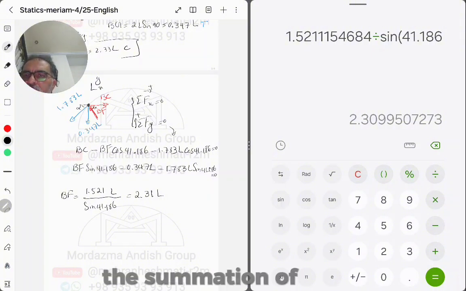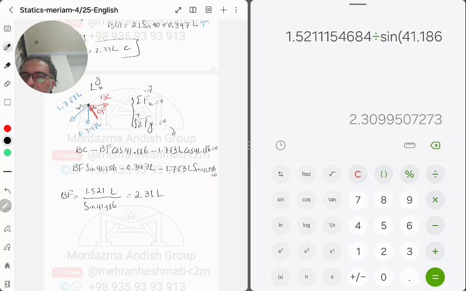The summation of F of y, BF sine of alpha minus. We should check, just a moment, please.